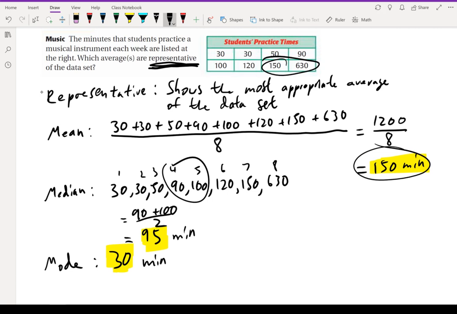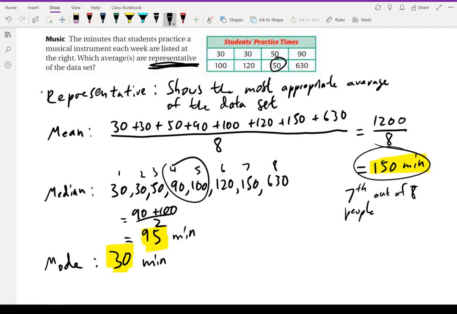Not even 2, because that third person is way different from 150. So there's only one person, the 7th out of the 8 people, that does 150 minutes. I don't think that's a very good average.